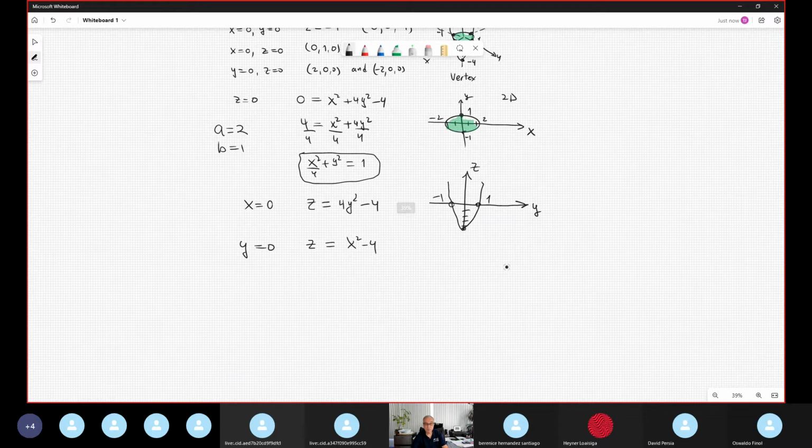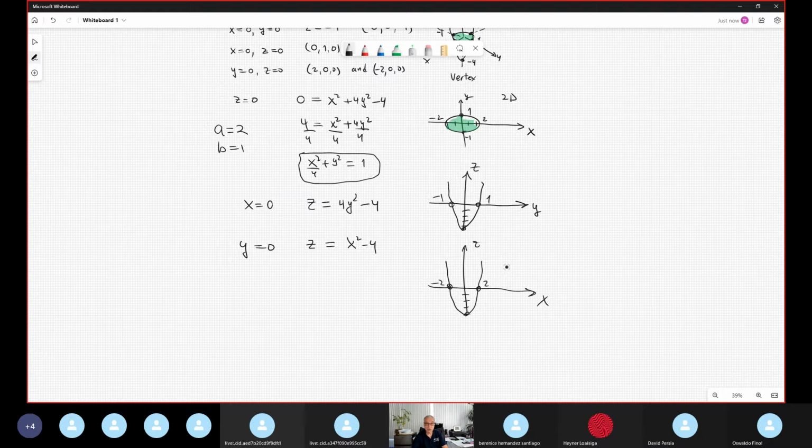Look, y equals 0, not x, sorry. This parabola is also -4 here, and opens up. But these points are different. These points are 2 and -2.